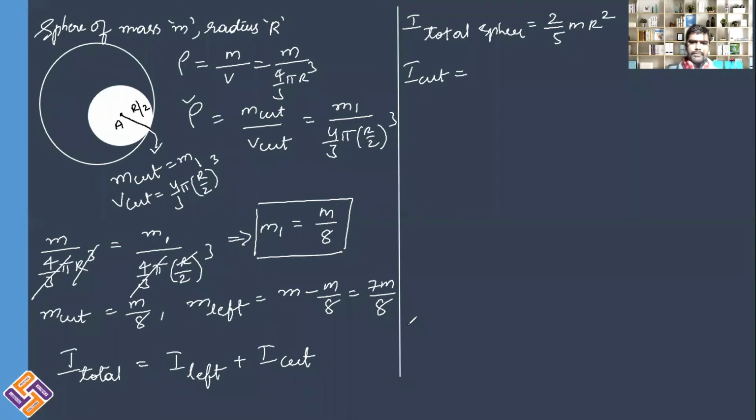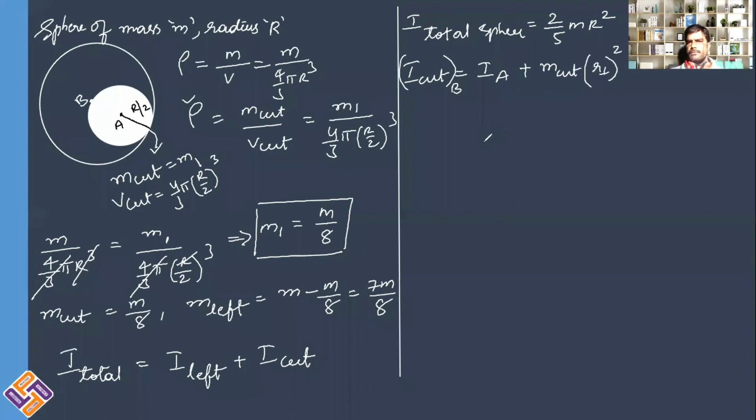Okay. So therefore I'll now write the moment of inertia of the cut portion with respect to B is equal to moment of inertia with respect to A plus mass of cut portion into perpendicular distance whole square.